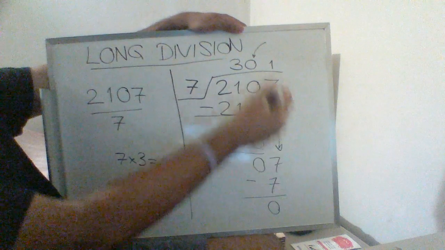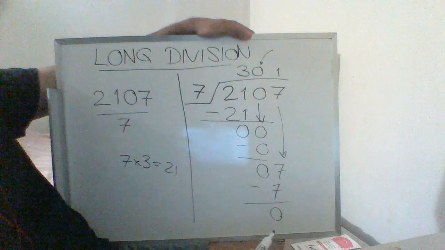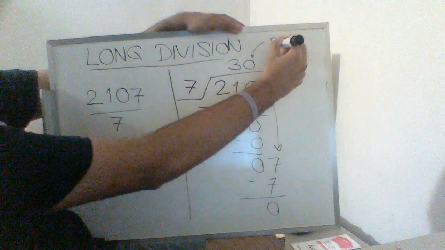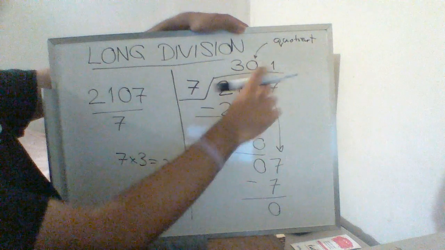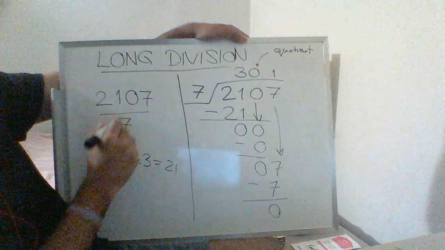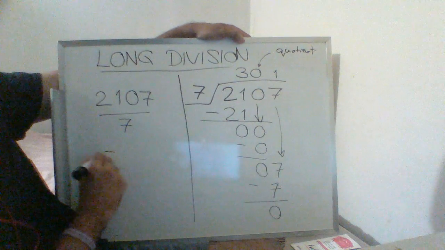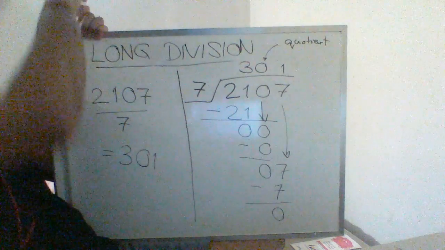And now we've run out of digits to pull down, and we've got a 0 down here. So that means that you've got no remainder, and your quotient is just going to be that whole thing up top. 301 would be your answer. So you get 2,107 divided by 7 is equal to 301.